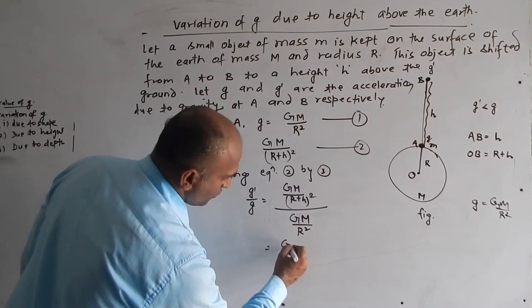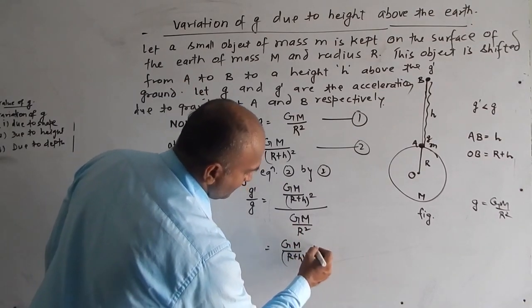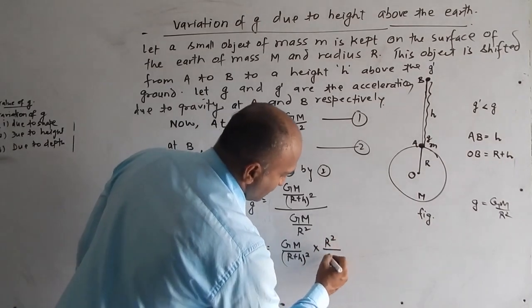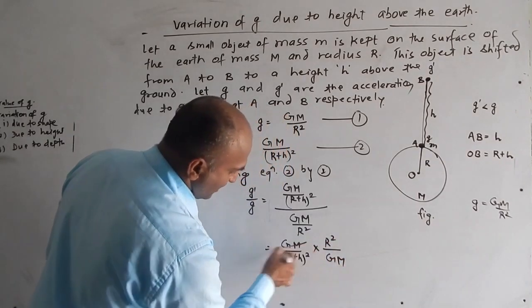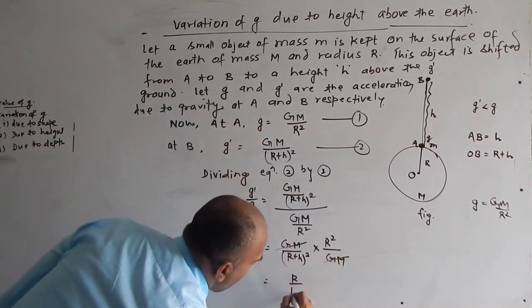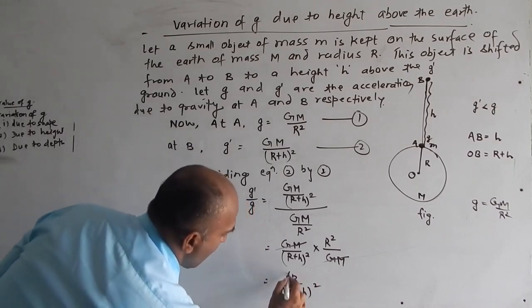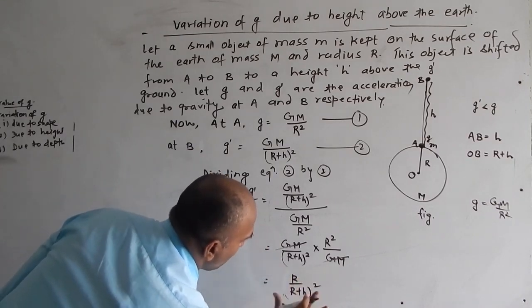This term is equal to GM by (R plus h) whole square, into R square by GM. So G and M cancel, and it is equal to R by (R plus h), the whole square.